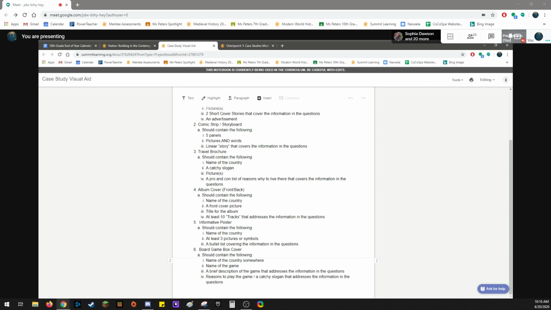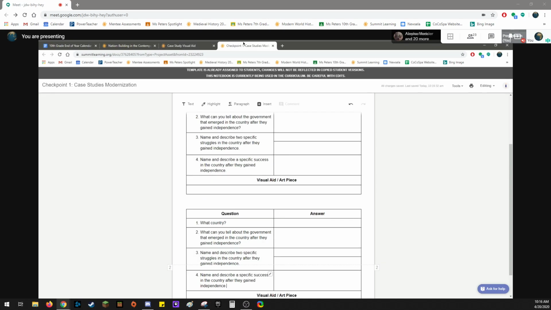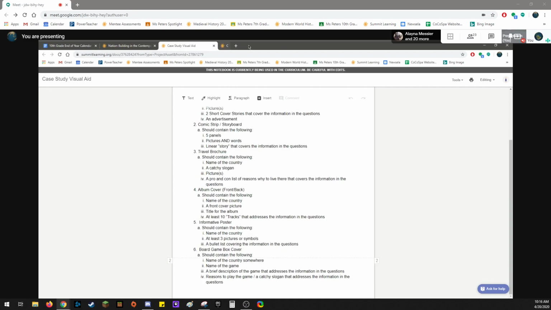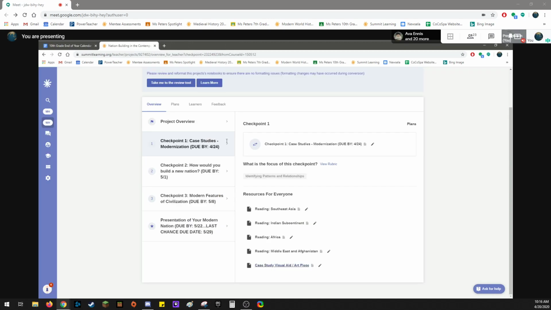It doesn't have to be anything super, super fancy, but putting in a little bit of an artistic splash can make it a little more interesting or a little more fun. So just remember to do that part as well. And that's pretty much it for checkpoint one.